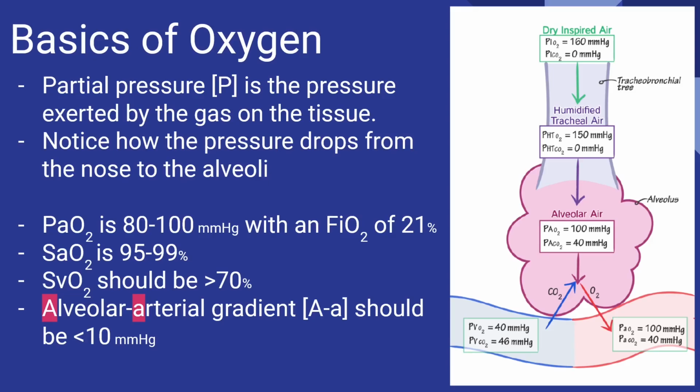When blood is returned through the venous system, oxygen has a very low partial pressure, about 40. In the alveolar space, oxygen has a pressure of about 100. That higher pressure encourages oxygen to cross through the capillary bed and be transferred off through the arterial system.